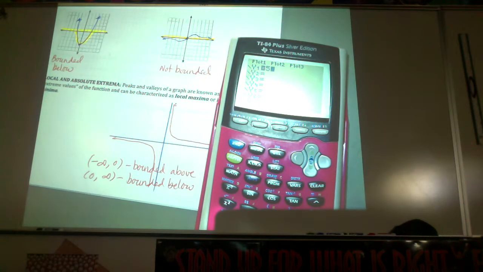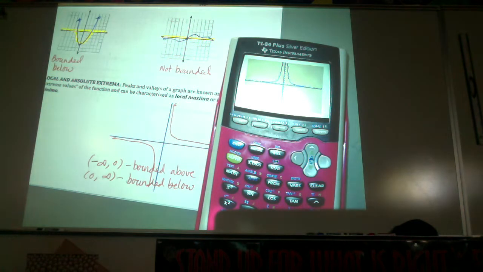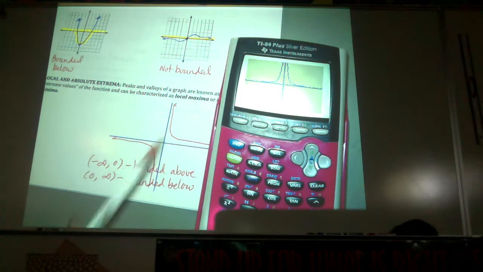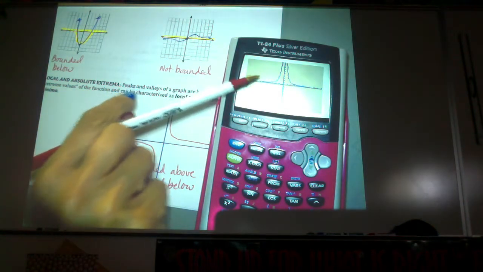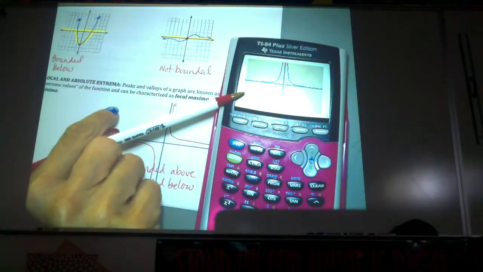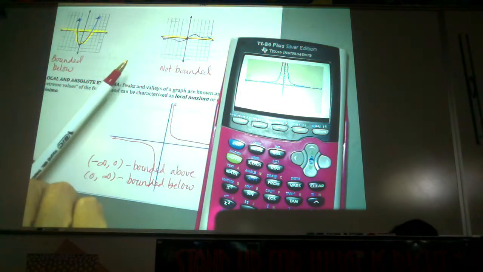Let's try this again. 5 divided by x squared. I knew it was supposed to look different. There it goes. It flipped it. Weird, right? So that doesn't look the same as this one. They're going to say that this is probably bounded below, and this is bounded below.